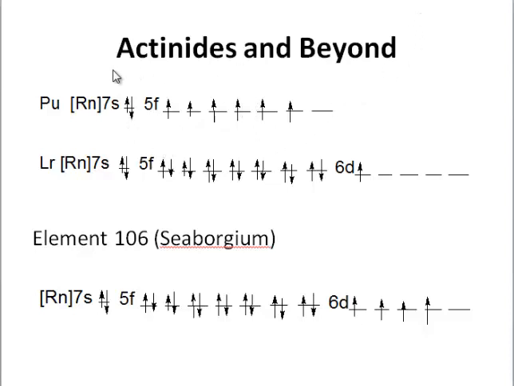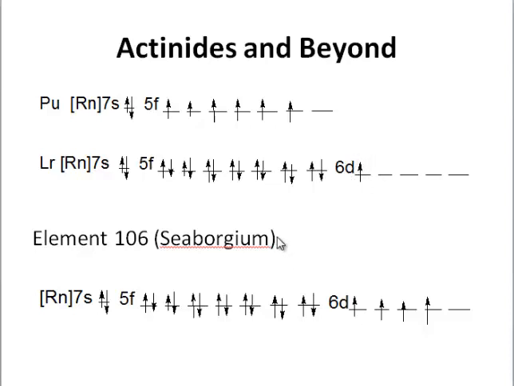Note that counting electrons is a little tricky in the actinides, just as in the lanthanides. We start counting at actinium, so there are 6 5f electrons for plutonium predicted. Lawrencium, at the end of the row, will have its 5f subshell filled and 1 electron in a 6d orbital.